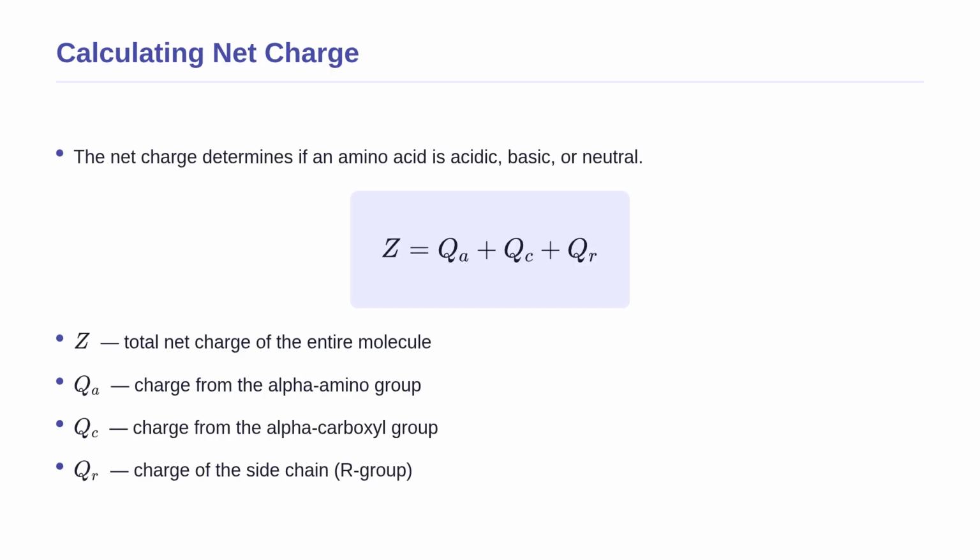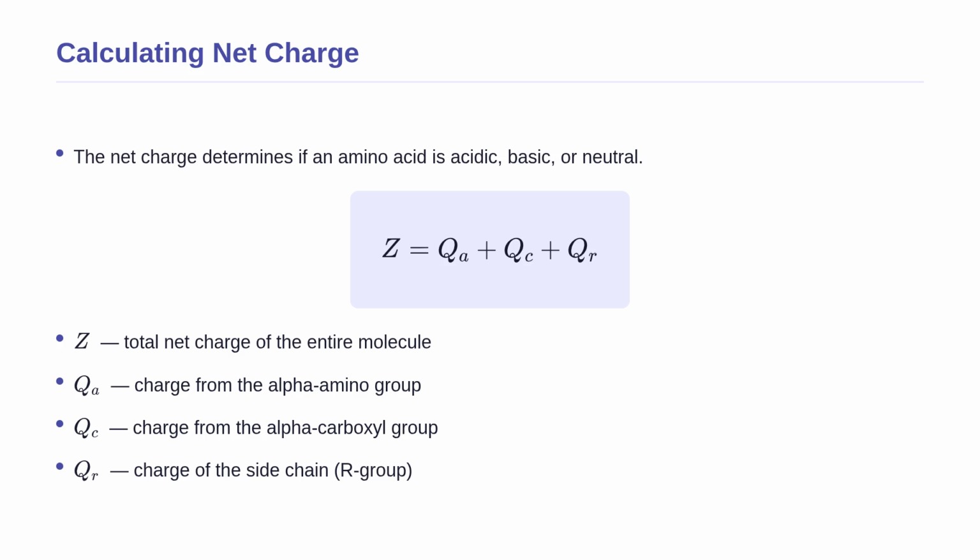To truly understand these acidic and basic categories, we must look at how their electrical charges are calculated. This formula allows us to determine the total net charge of an amino acid. The symbol Z represents the total net charge of the entire molecule.